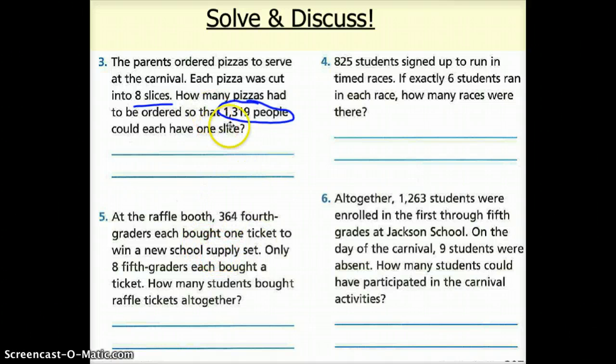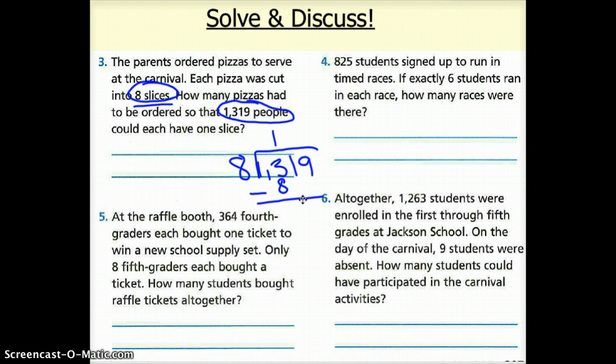So I'm dividing the number of people by the number of slices, so I'm going to do 1,319 divided by 8. I can't do 1 divided by 8, so I do 13 divided by 8, which is 1.